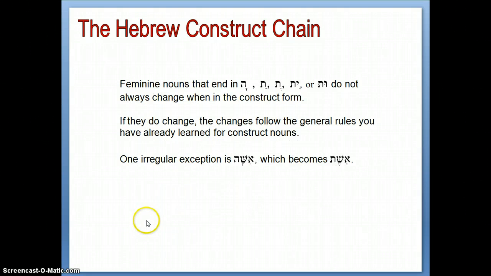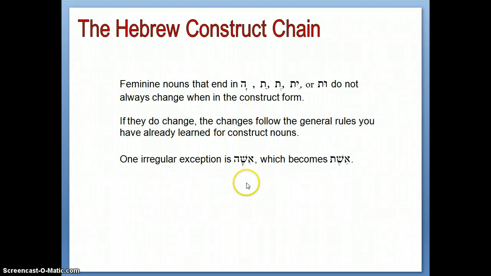And our final slide, just to review: feminine nouns that end in ah, ot, et, at, or ut do not always change when in the construct form. If they do change, the changes follow the general rules you have already learned for construct nouns.